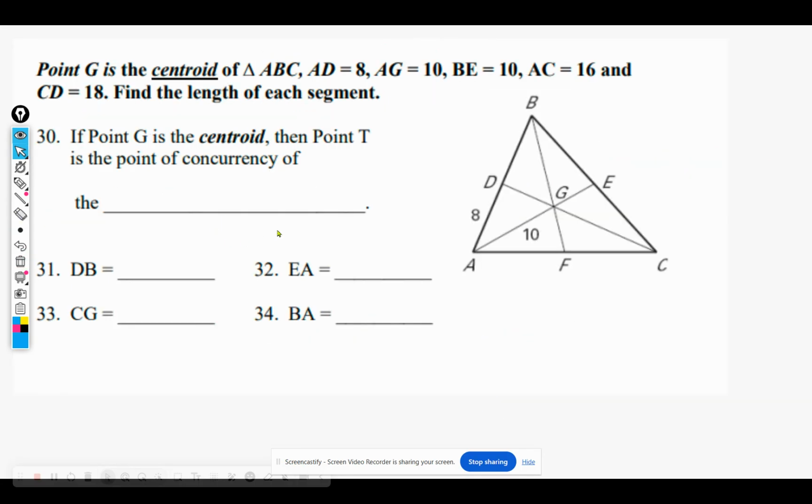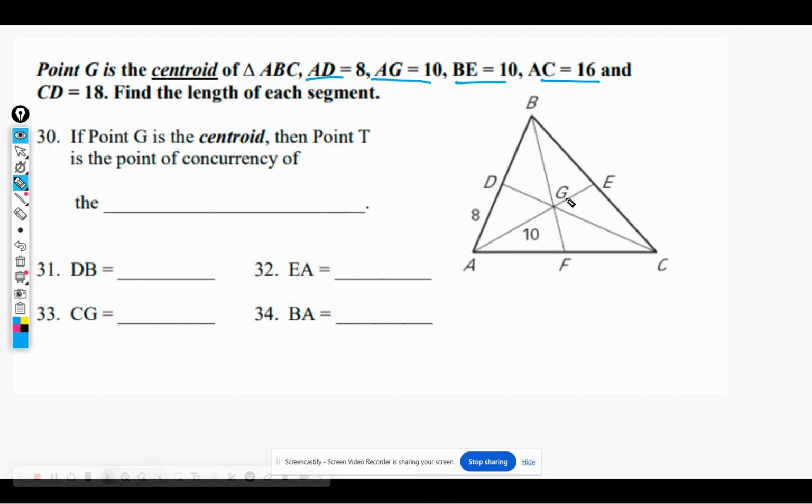All right. Centroid is the next piece. Point G is the centroid of triangle ABC. AD equals 8. So it's telling us some pieces. The first thing you do when you're given this type of information in a problem, underline what is important. It told us that AD is equal to 8.